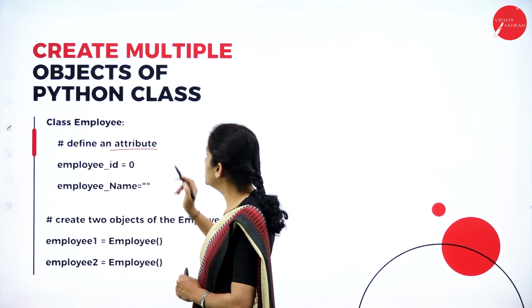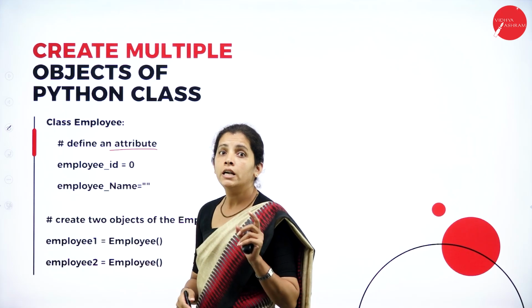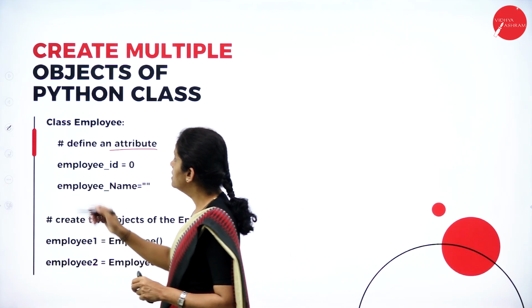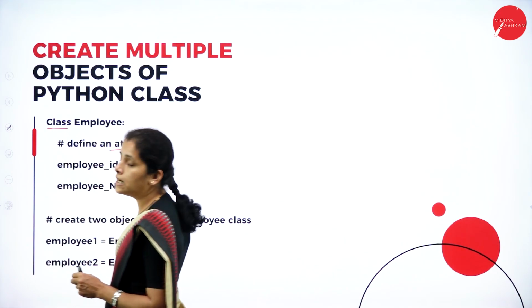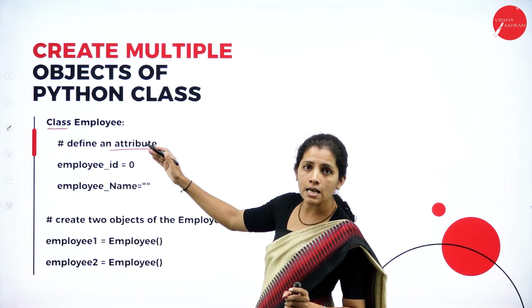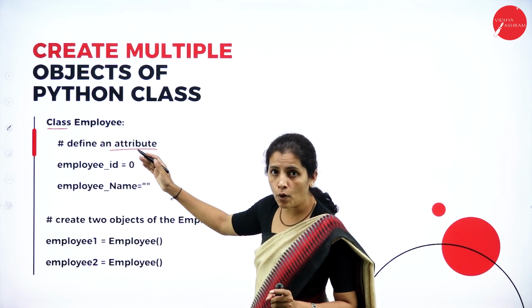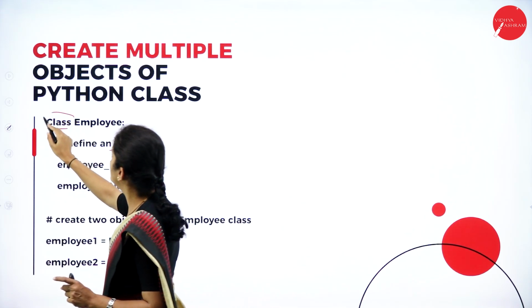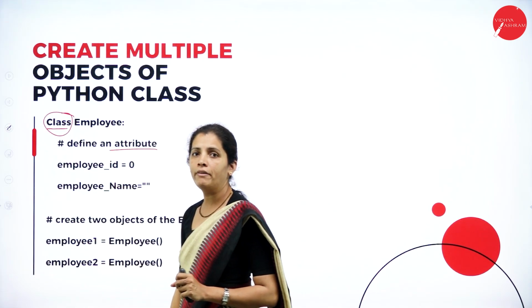See here how I am able to create attributes. Attributes are nothing but data members or variables. See here, dear student, I am creating a class called employee. So what is my class name here? That is employee. To create this class, I am using the keyword class. Okay, fine.